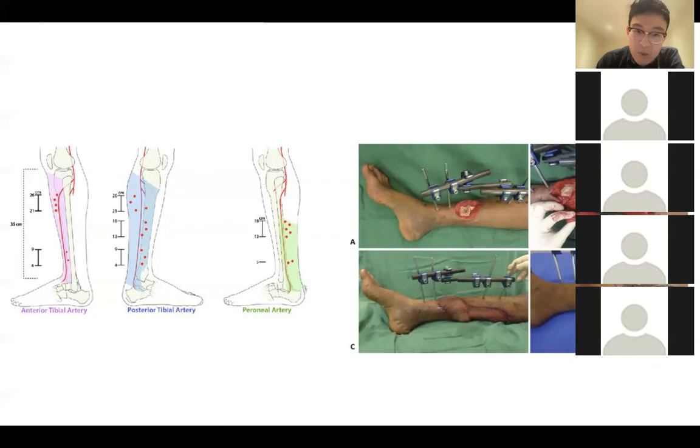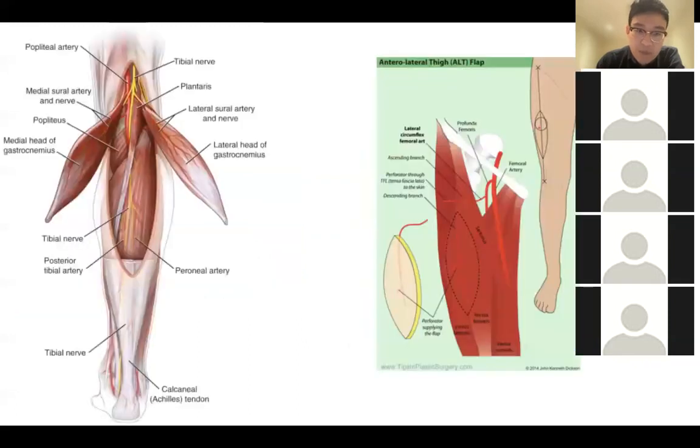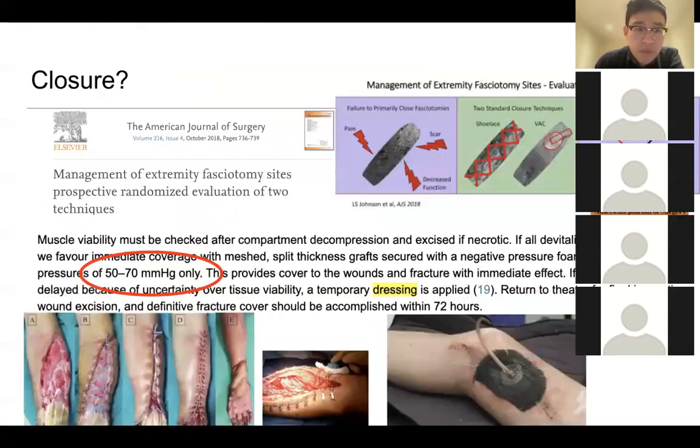And you always want your plastics colleagues to be there. And if you're doing a posteromedial incision, you can always extend up and rely on a gastroc flap or a myocutaneous flap, or you can do a free flap for any of the plastics colleagues out there to cover the wound.